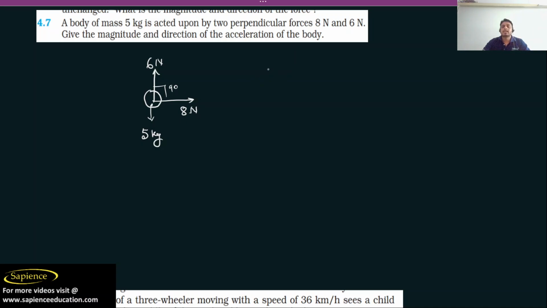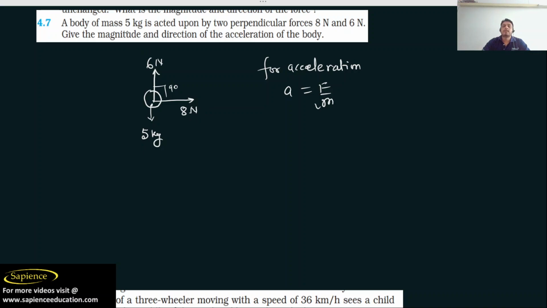So for acceleration, a is equal to force by mass. Mass is given, but which force should I take? Definitely you should take the resultant force. How will you find the resultant force? Resultant is equal to root under 6 square plus 8 square plus 2 into 6 into 8 into cos of the angle.